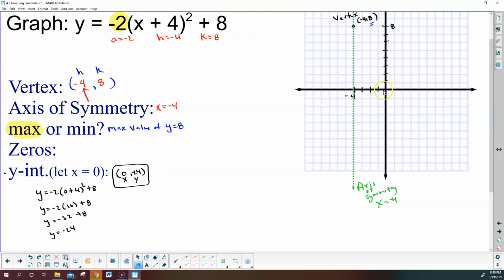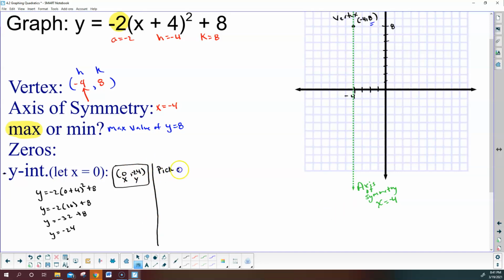I want to go over 0, down 24, but I already scaled my graph to go up by 1s, which means my 24 would be way, way, way, way down here, and I just don't want to erase this. So in this case, this point is too large for me to plot on my graph, and that's okay.